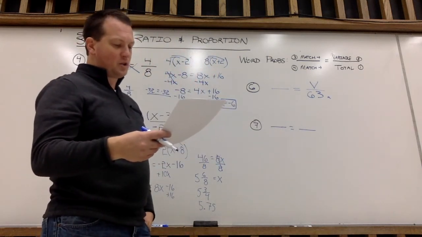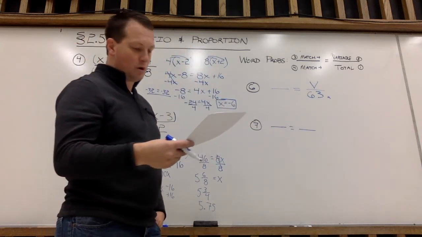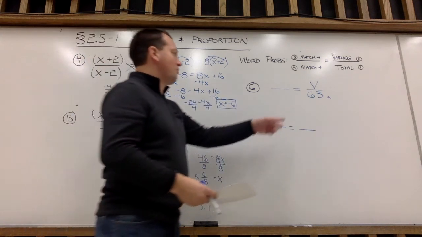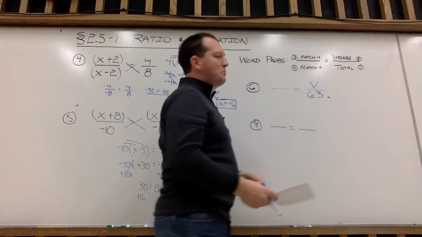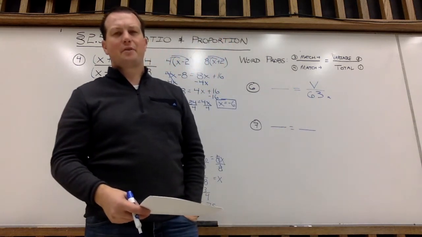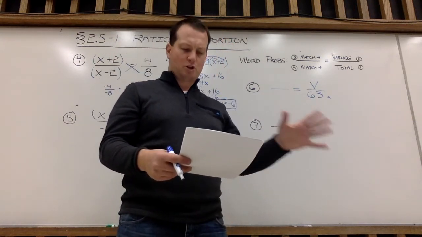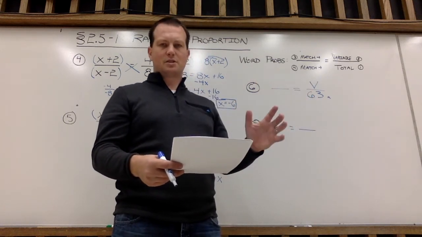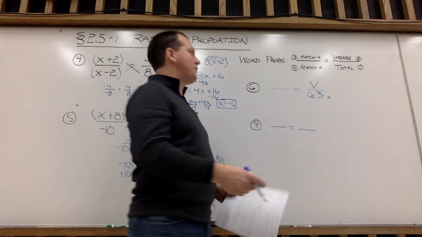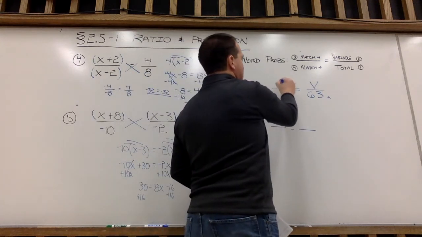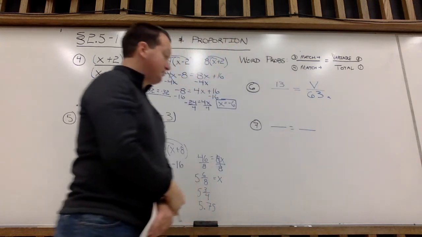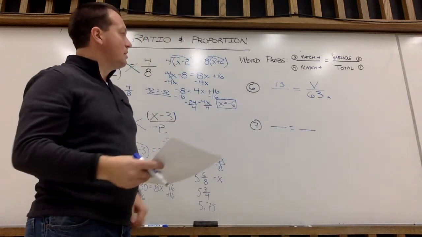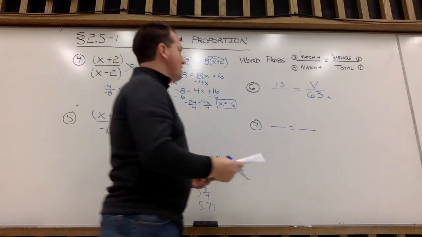I'm told the ratio of violets to roses was 13:7. So violets, does that number match up with the 13 or the 7? I got to read through and say, which came first? Violets comes first, to roses, then it's 13:7. So violets will match up with the number 13. 63, the number of roses, matches up with the 7.